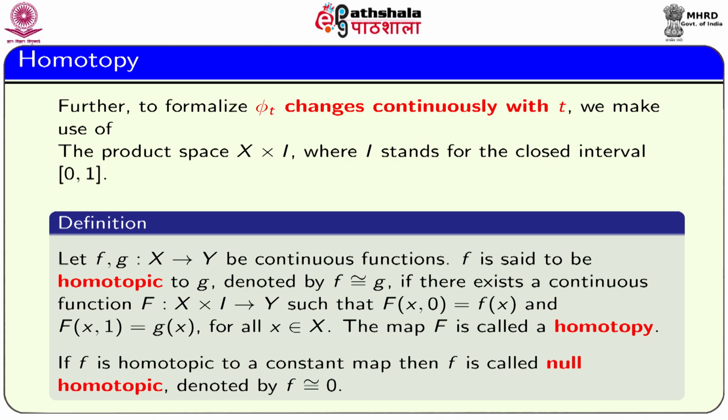If the function f is homotopic to a constant map, then that function is called null homotopic, and we denote it by f ≃ 0.